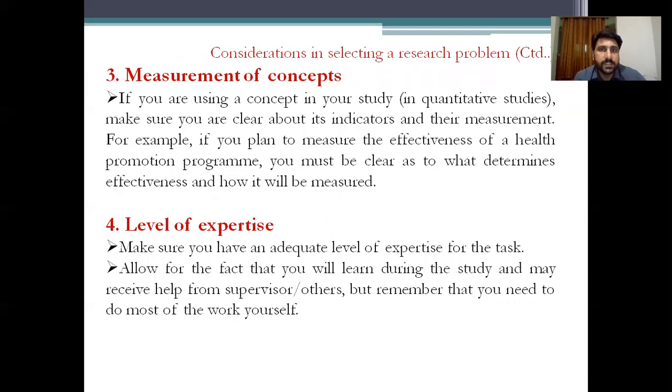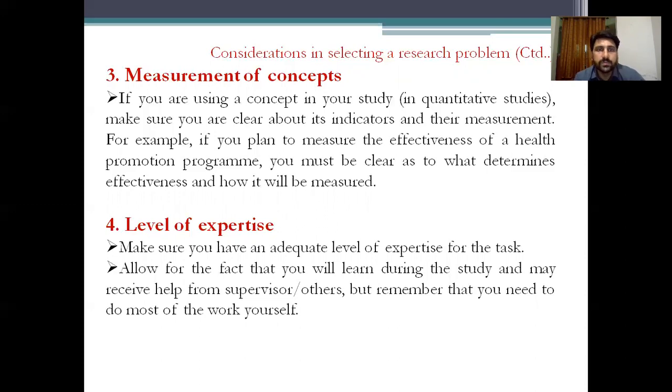Then another consideration in selecting the research problem can be measurement of the concept. If you are using a concept in your study, for example in a quantitative study, make sure you are clear about its indicators and their measurement. For example, if you plan to measure the effectiveness of a health promotion program, you must be clear as to what determines effectiveness and how it will be measured. So in any field, you should be aware of the different concepts, different measurement concepts.